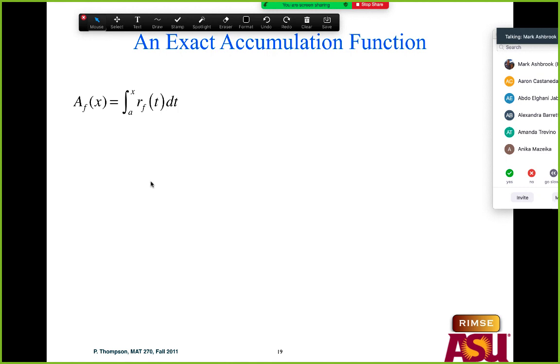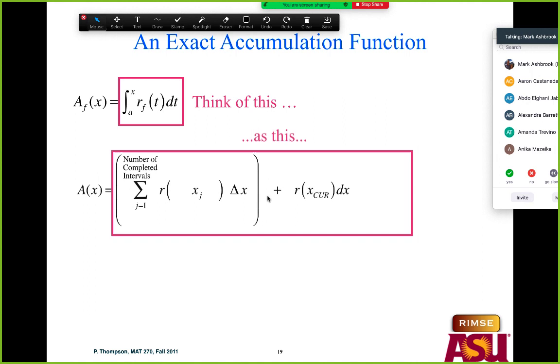From now on, whenever you see an integral expression like this, we want to think of this as our approximate accumulation function, because we spent all this time this week coming up with this idea, since it's really the guts or the machine of an integral. Whenever we see an integral, we want to think of summing up completed intervals plus a little bit more in the current interval.